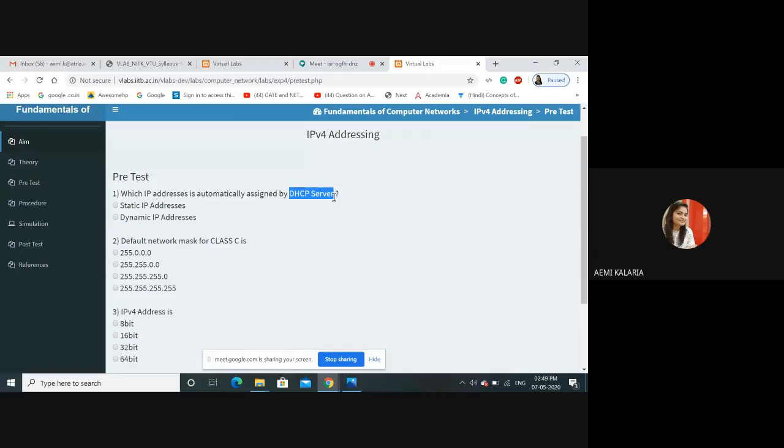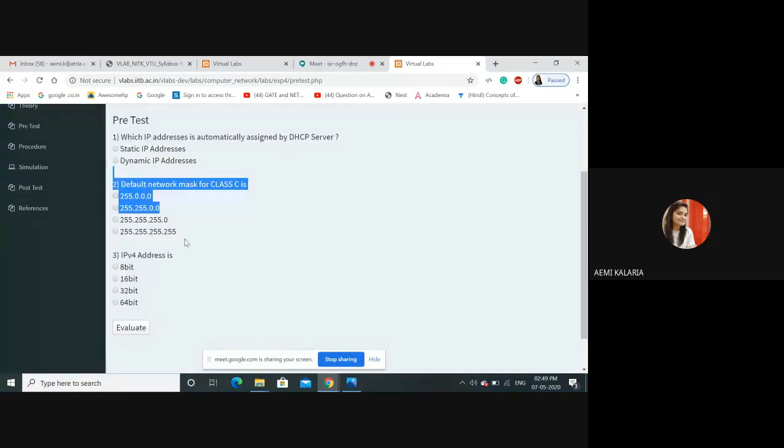Mostly mobile phones and other moving devices will use the DHCP server or dynamic IP address because they are moving. But for a LAN connection, whatever PC is connected to the LAN, we can directly assign a static IP. Likewise, they mentioned some of the MCQs.